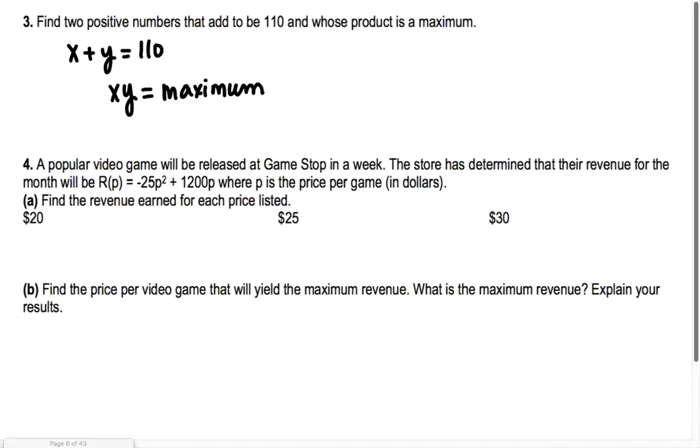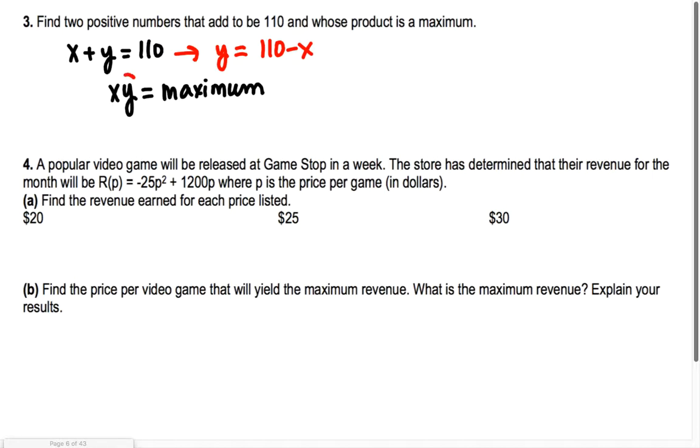Okay, so we're going to kind of use our calculator. Remember when we did problems where we were finding a maximum? But we could never put in x plus y into our calculator. Okay, so what we're going to do is we're going to take this equation that says x plus y equals 110, and we're going to solve for y. So we get y equals 110 minus x.